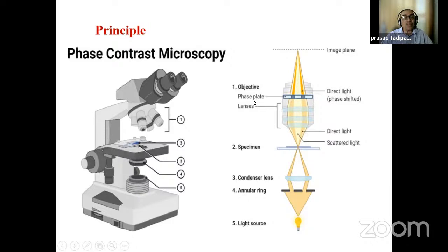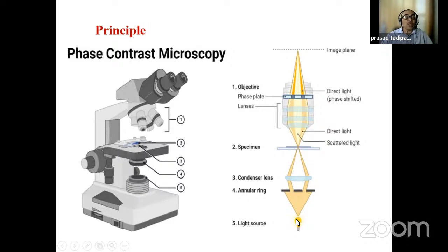Here the important parts are the phase plate and the specimen. You have to keep the transparent specimen here, without any stain. Another part is the condenser lens, and the annular ring is an extra component that you find in a phase contrast microscope. And this is the light source.